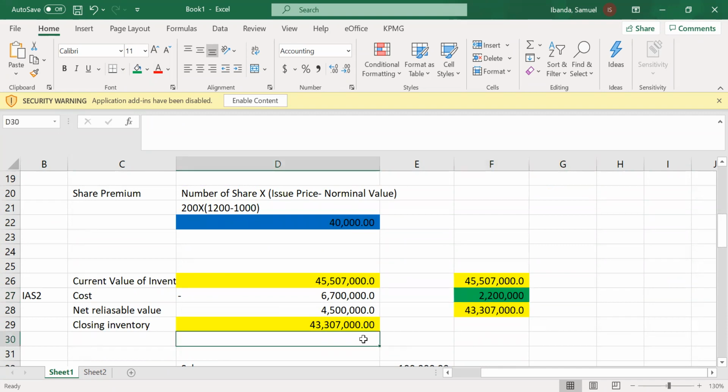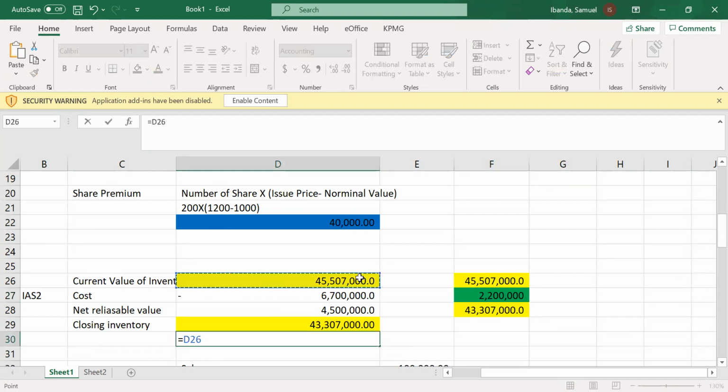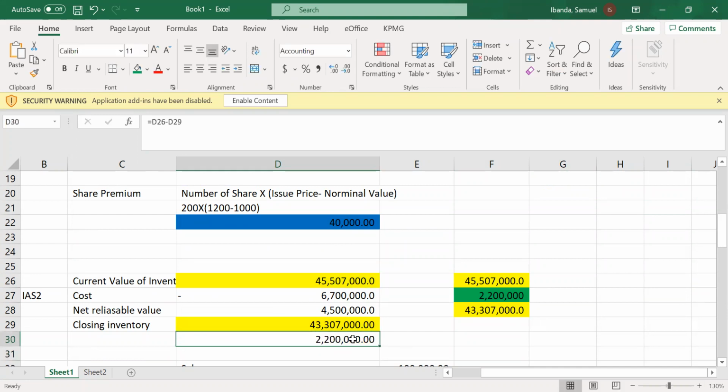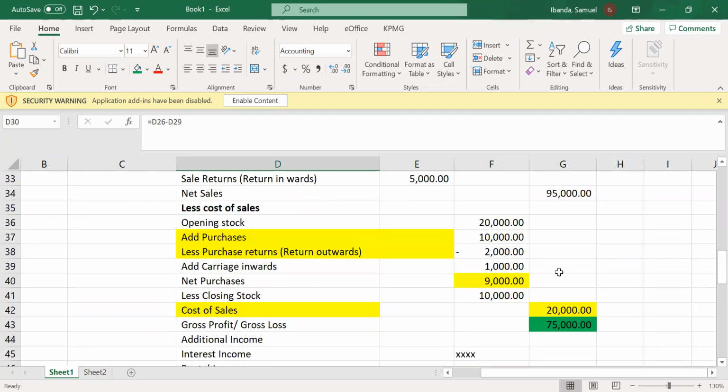It's basically the difference between this 6.7 and the 4.5, which is 2.2. So this means that our inventory is overcharged by 2.2. So our inventory right here has a 2.2 in it that is not supposed to be there.